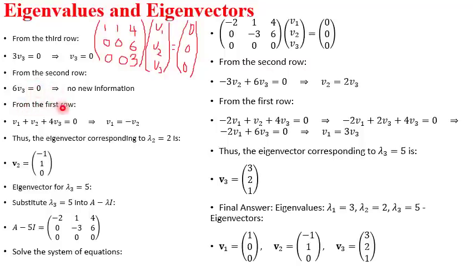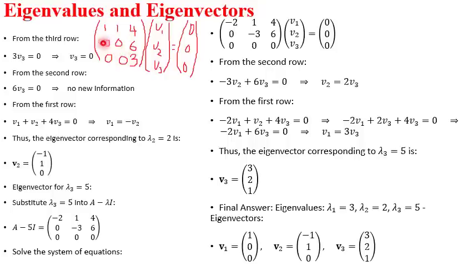But from the first row, we see that we've got V1 plus V2 plus 4V3 equals 0. And this shows that V1 will definitely equal the negative value of V2.